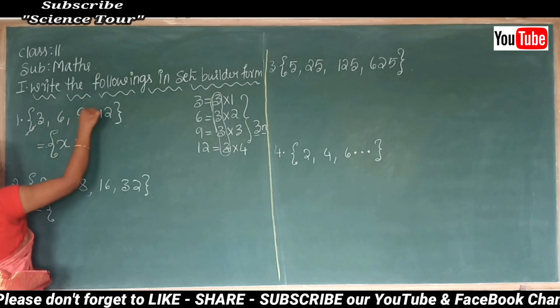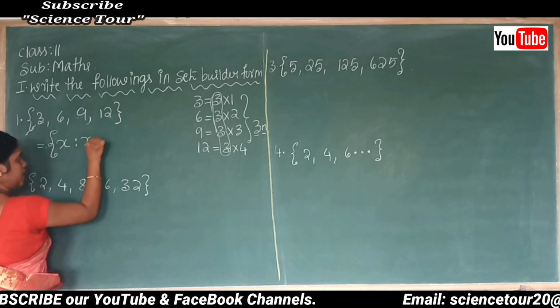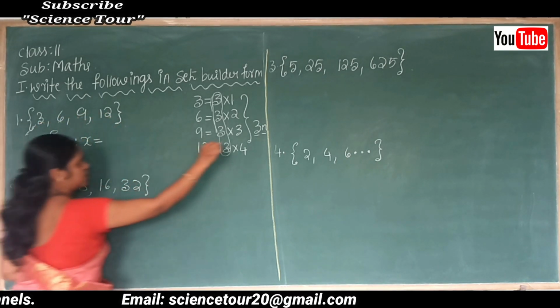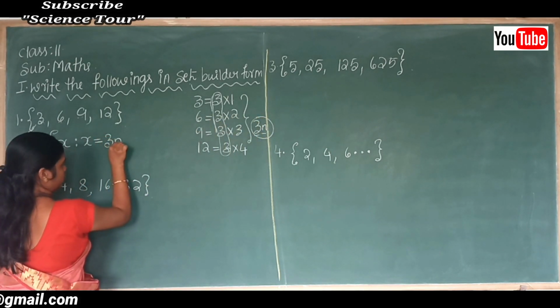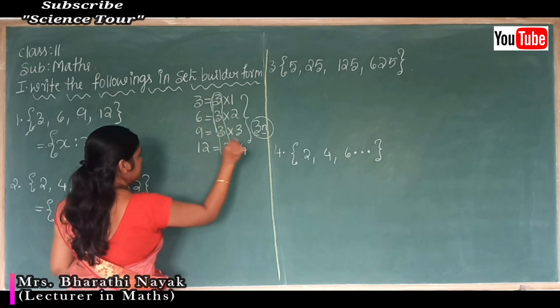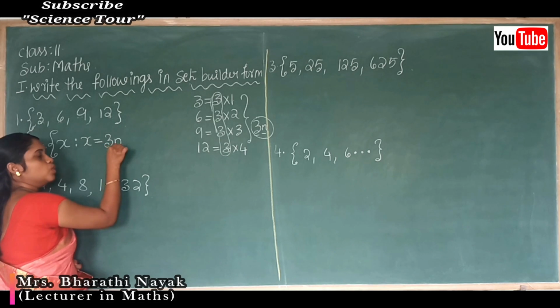These individual numbers are in which form? x is equal to 3 into n. 3 is constant here, but n, the second multiple, is varying. So, I'll represent it by 3 into n.